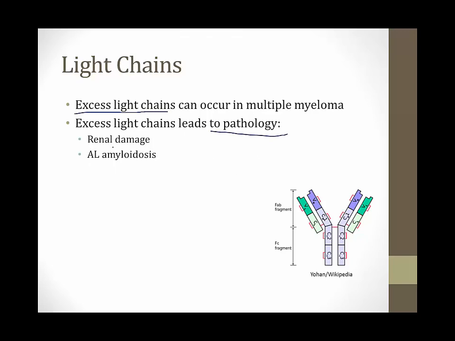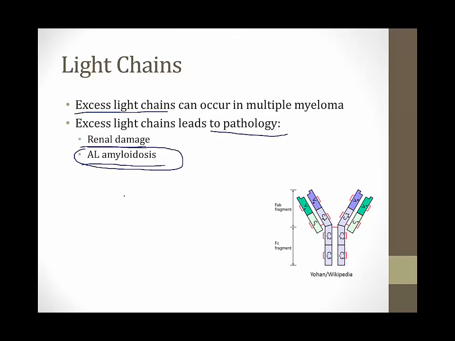First of all, the excess light chains can cause renal damage, and we'll talk more about that later on in this module, but excess light chains are toxic to the kidneys. In addition, excess light chains can cause a particular form of amyloidosis called AL amyloidosis. I discuss this in more detail in the module on amyloid disorders, but for our purposes here, you should just know that in cases of multiple myeloma where excess light chains are produced, those light chains can deposit in tissue and form amyloid structures.